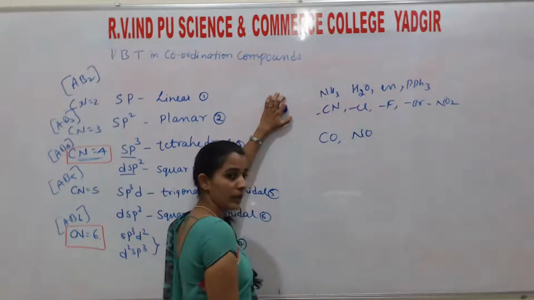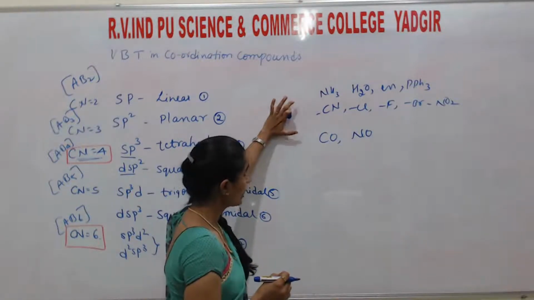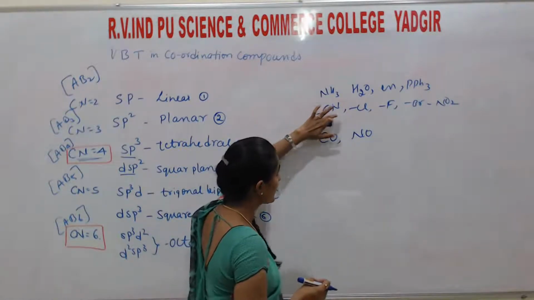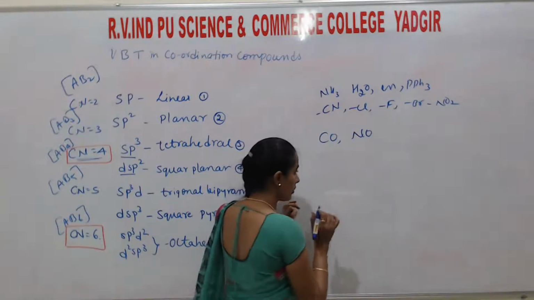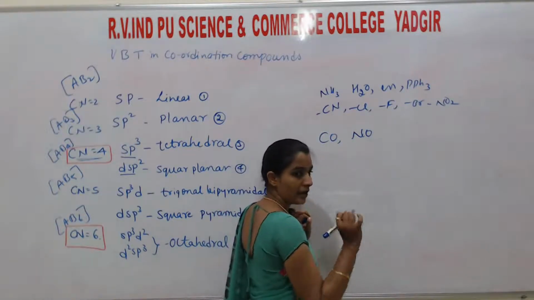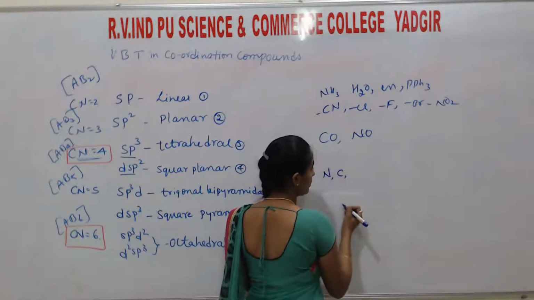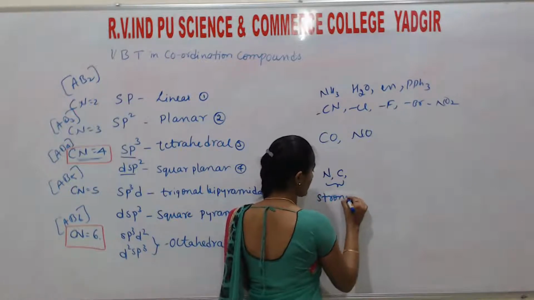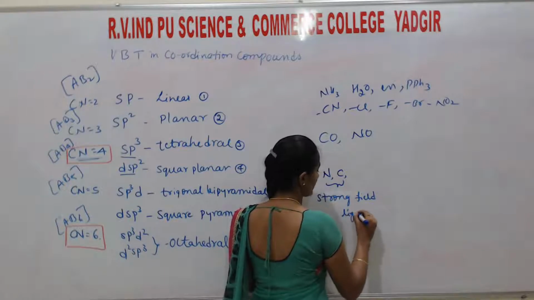These are neutral ligands. So students, in this type, the main thing is nitrogen bonded ligands, carbon bonded ligands, and halogens are there. One thing you have to remember: if the ligand is bonded through nitrogen or carbon, they are strong field ligands.